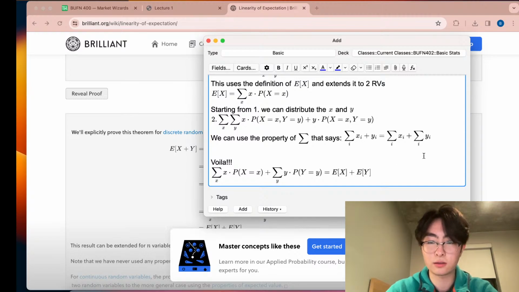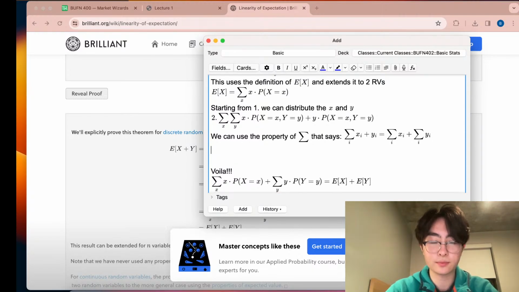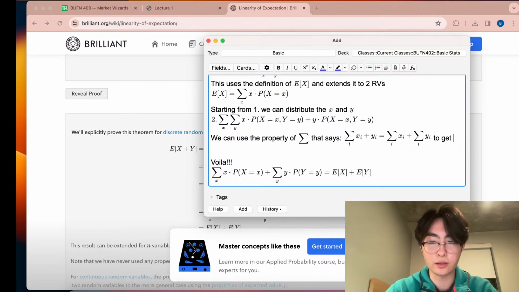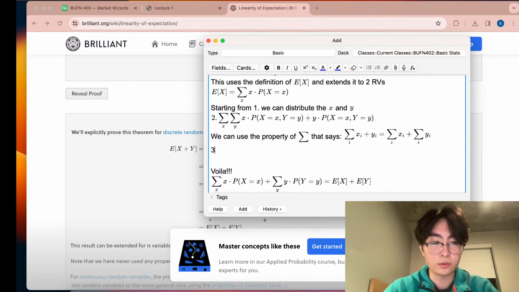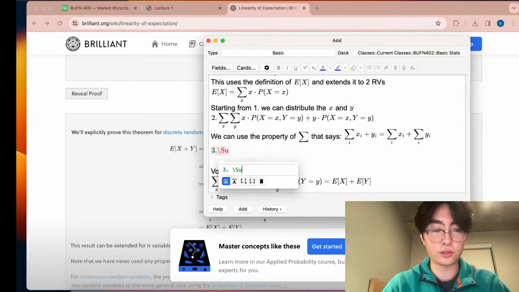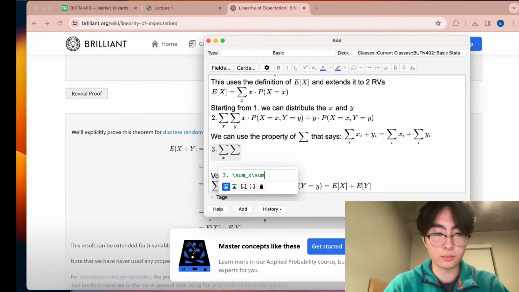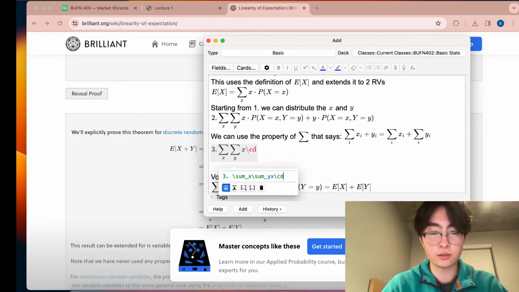So maybe I can... So 3 then, we have the sum over x, sum over y, of x times the probability of X equal to x, Y equal to y, plus y.